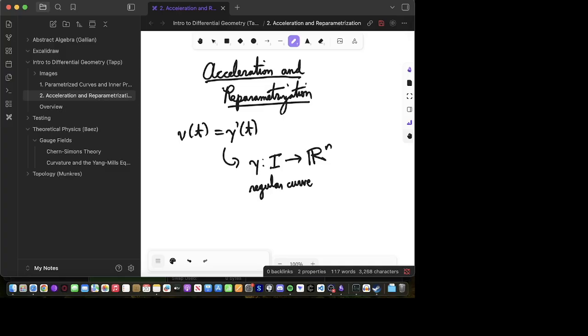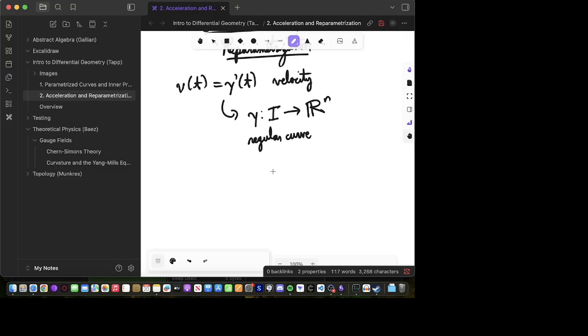So this mapping V we call the velocity function. Similarly, we can create another function A of t, which is gamma double prime, and we call this acceleration.